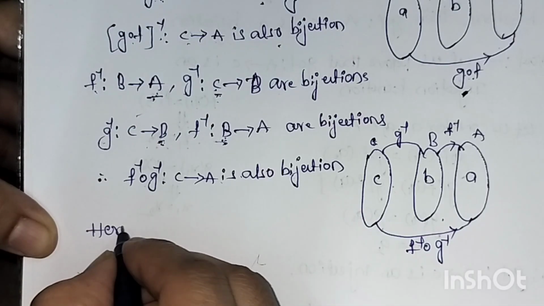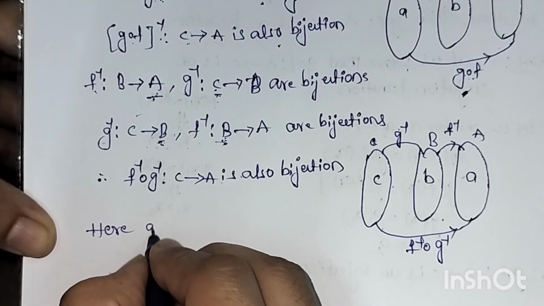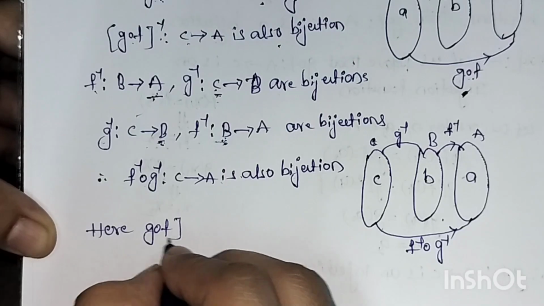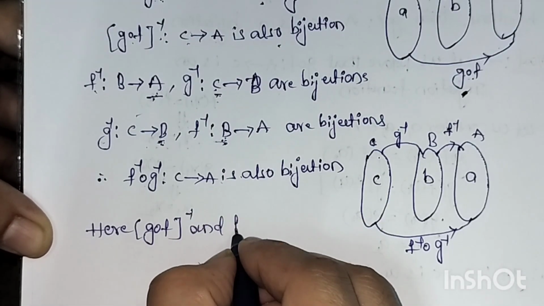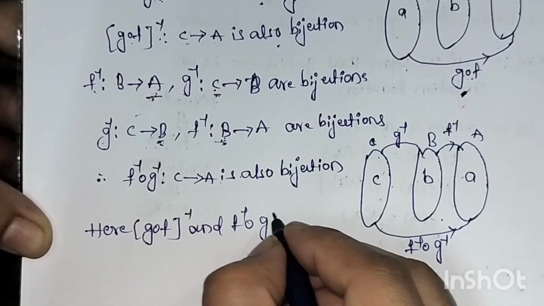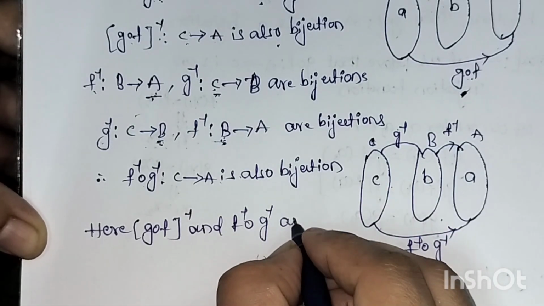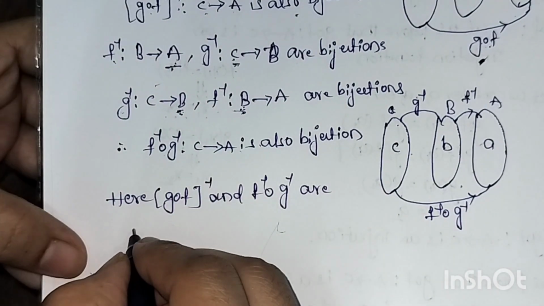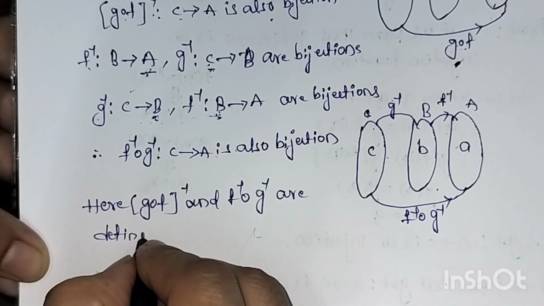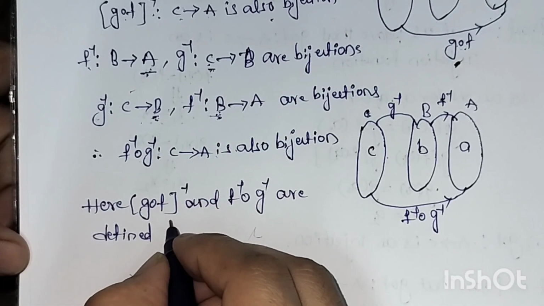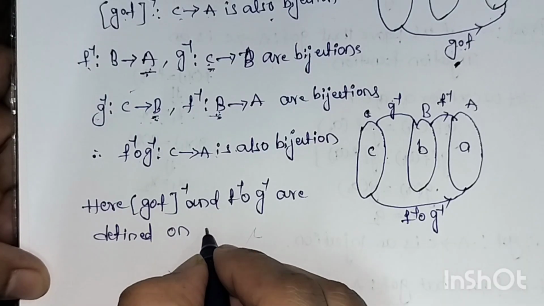Here G circle F whole inverse and F inverse circle G inverse are defined on the same domain.